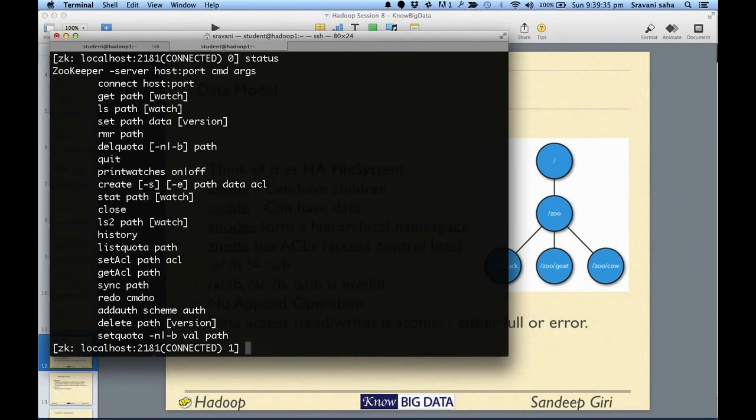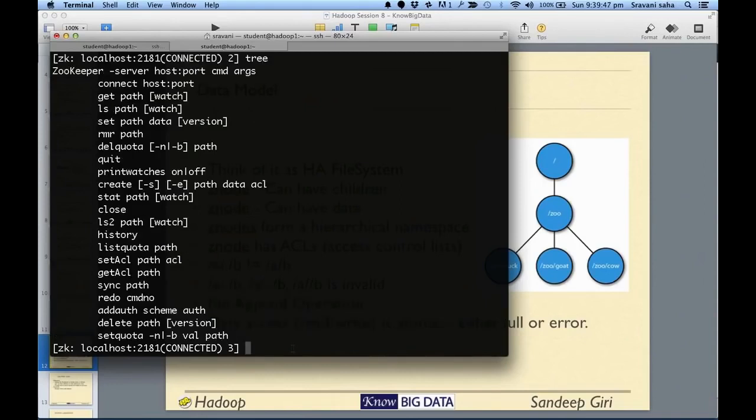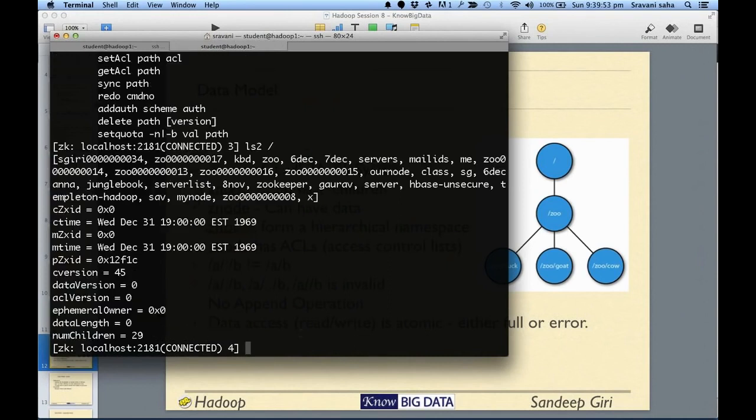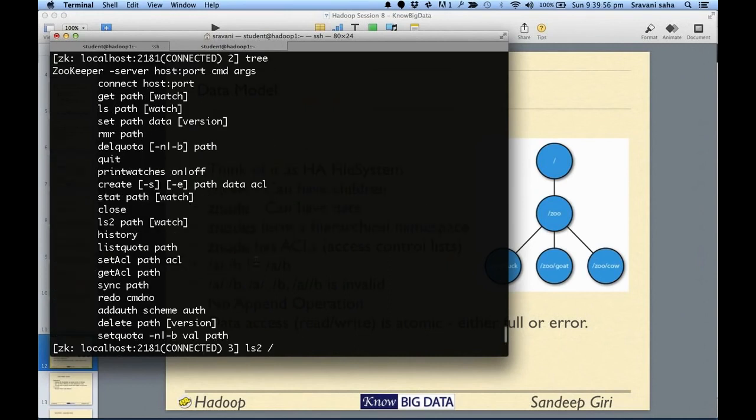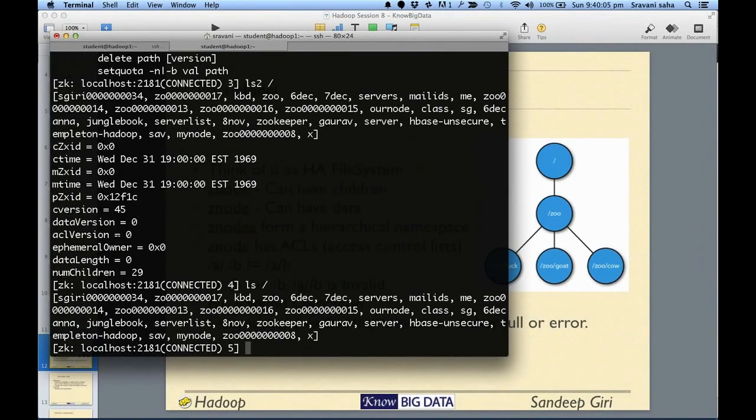If you say ls slash, it will show you all the nodes at the top level. So this way we are able to see that these are the top level nodes.